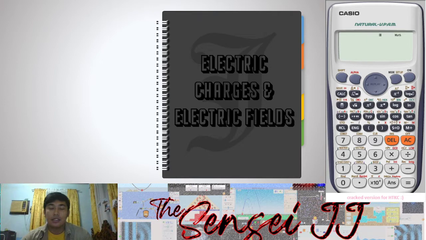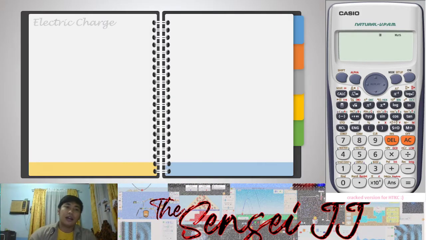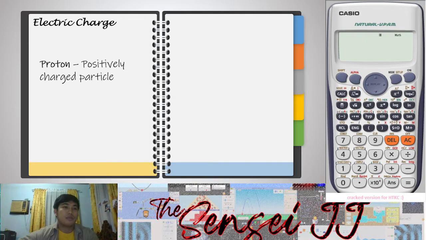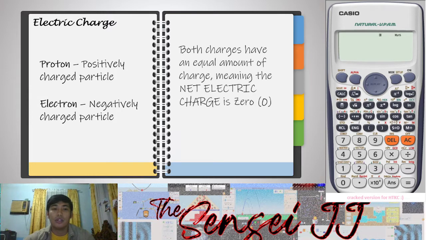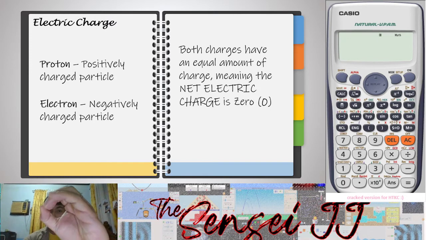Okay, so from last time we have discussed that electric charge consists of particles: protons, electrons, and other charges. Proton is the positively charged, and negatively charged is known as the electron. Both charges have an equal amount of charge, meaning the net electric charge will be zero. Remember this one, guys?